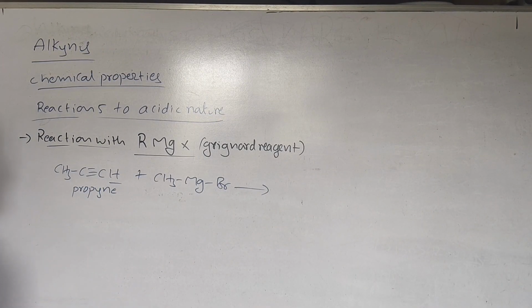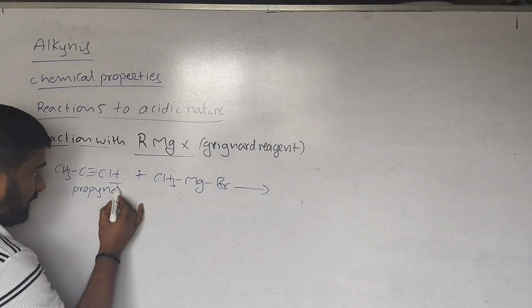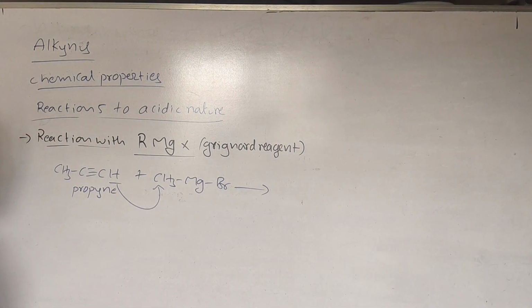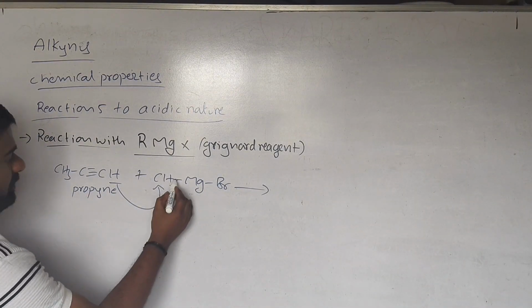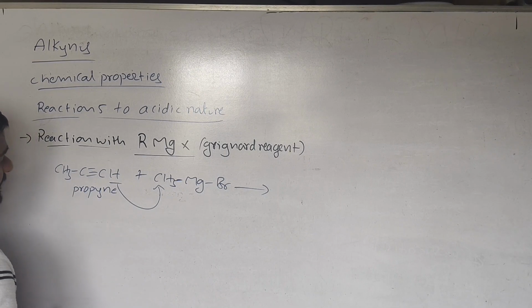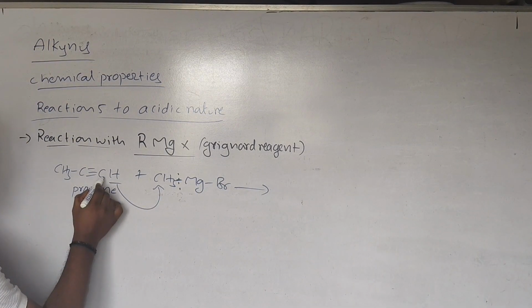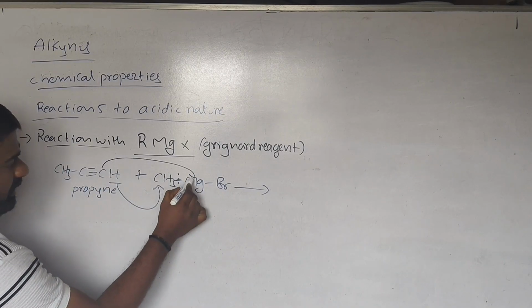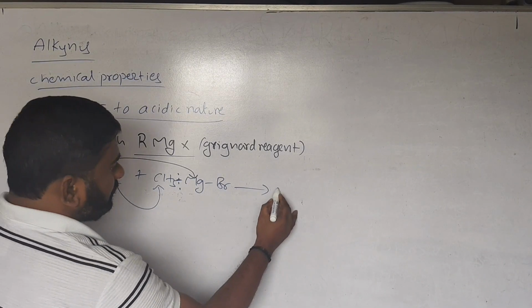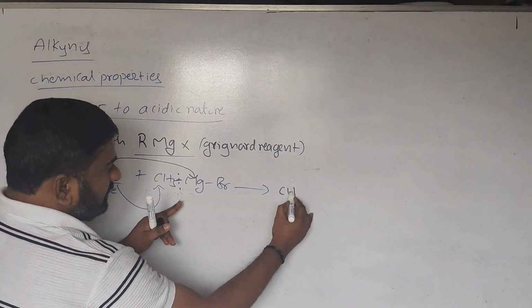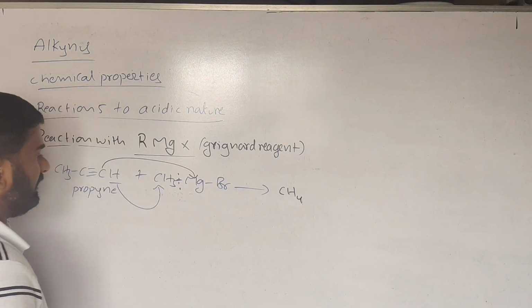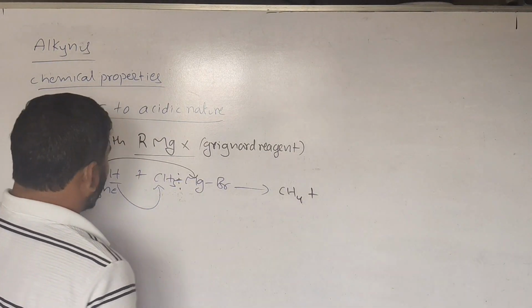What is happening here? Only the acidic hydrogen will add to this alkyl group. Later the remaining part, by breaking this bond, will add to the Mg. Here, to the CH3 alkyl group, one extra hydrogen is added, so CH4 will come.